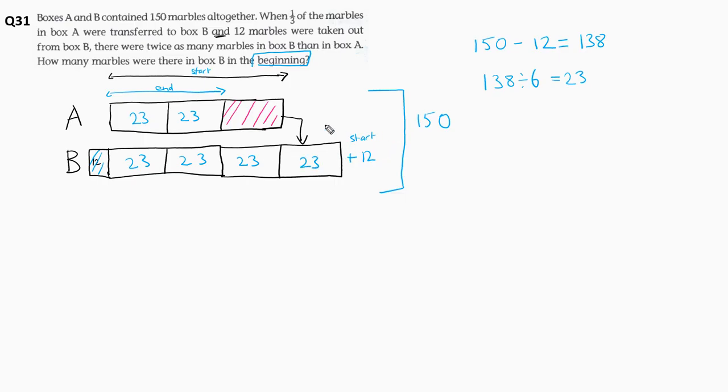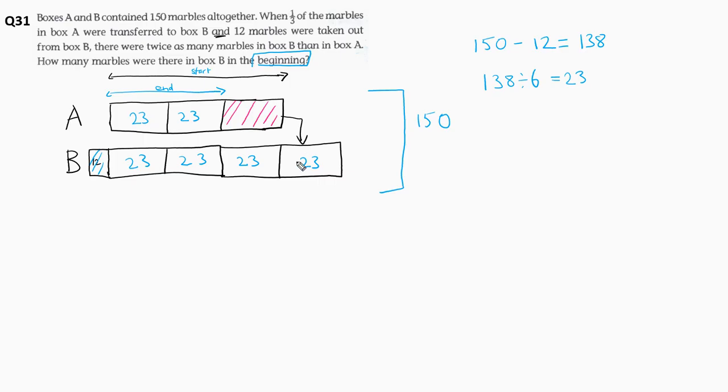So we are asked, how many marbles were there in box B at the beginning? Now what I should have done is, just so that we don't get in a muddle, I'm going to erase those from there, and I'm going to draw a line to represent what was there at the beginning.